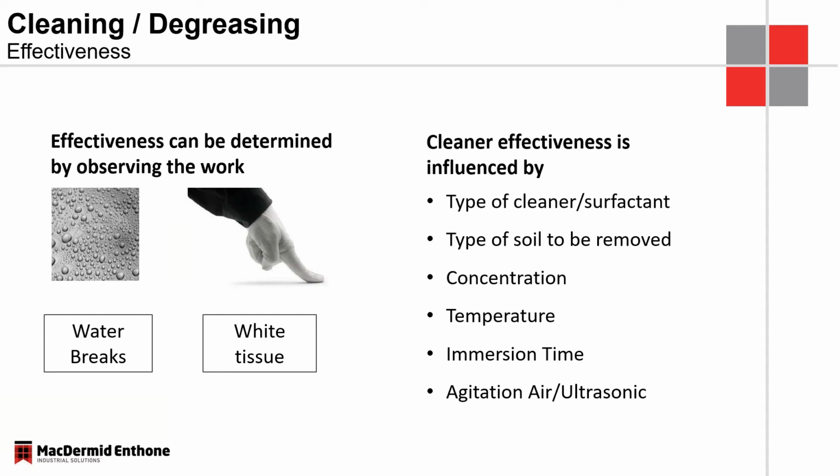We look at the tissue and see if there's any white, any black smuts left on the surface. Again, if we do see any residues, then that would be an indication that the cleaner is either not suitable for that particular residue, or they might be too old, or they need strengthening.